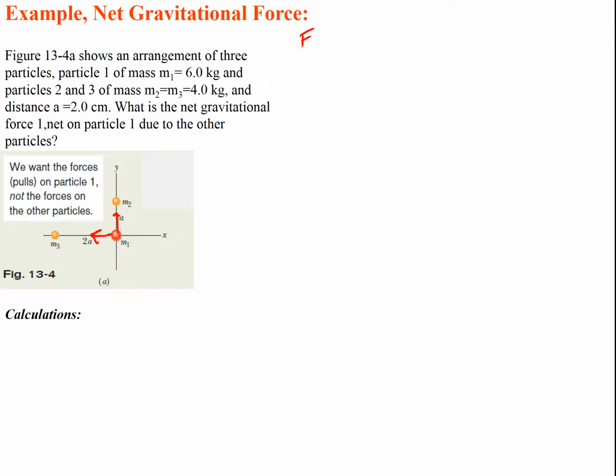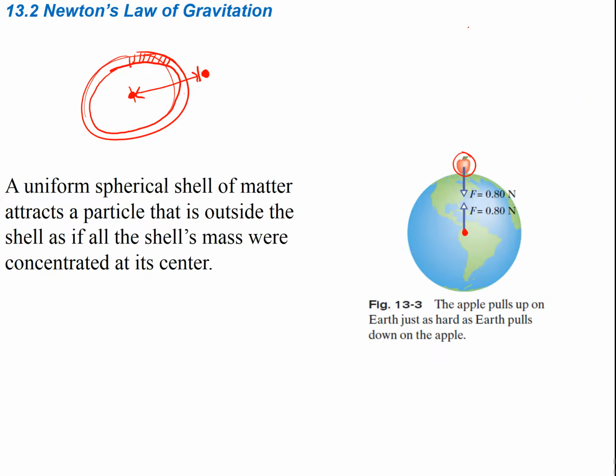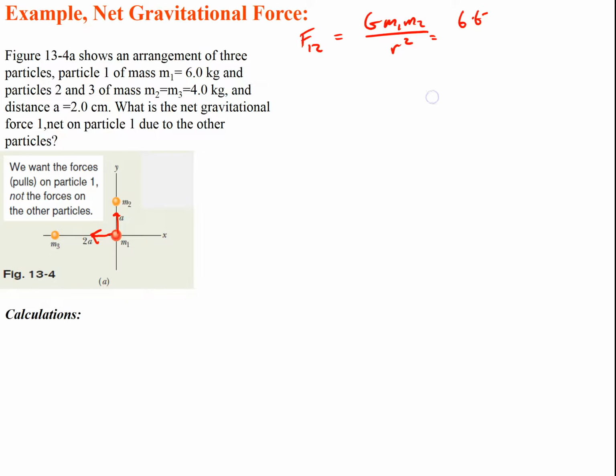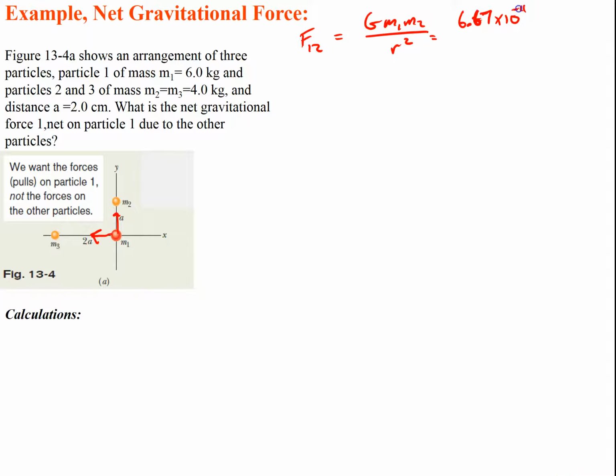All right, so again, with Newton's law of gravitation, we're just going to look at the first particle, so it's going to be F12 is equal to G m1 m2 divided by r squared. All right, we're going to plug in the values. So it's going to be 6.67 times 10 to the negative 11, and the units again are meters cubed divided by kilograms seconds squared.